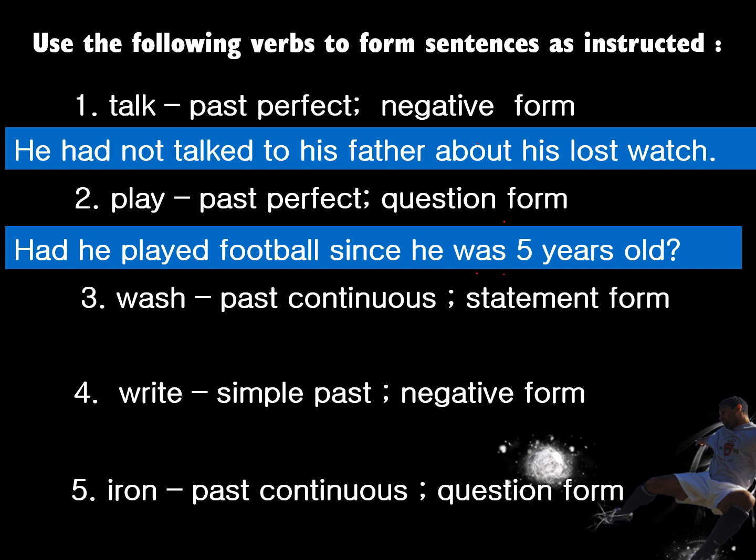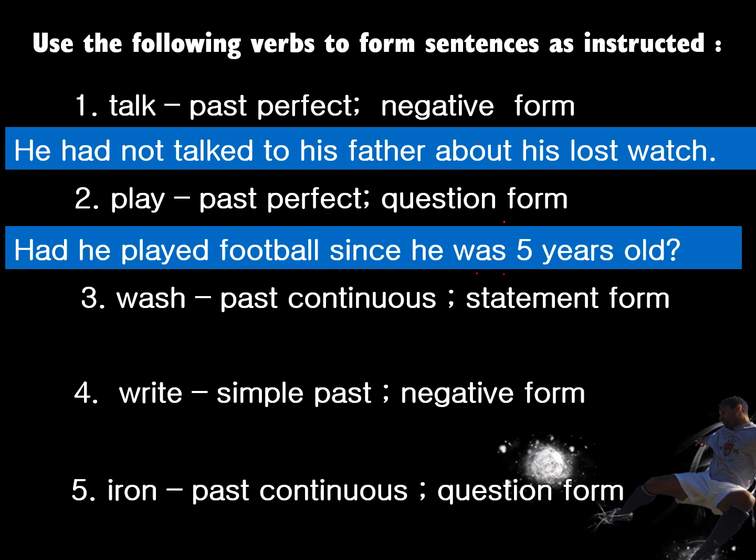Third one is wash. This time you use it in a past continuous statement form. So think again of the past continuous. How do we form it? We form the past continuous by adding the auxiliary or helping verb was or were. Was when the subject is singular, were if the subject is plural, followed by the verb and its ing form.